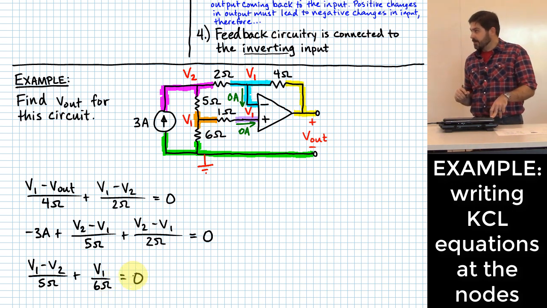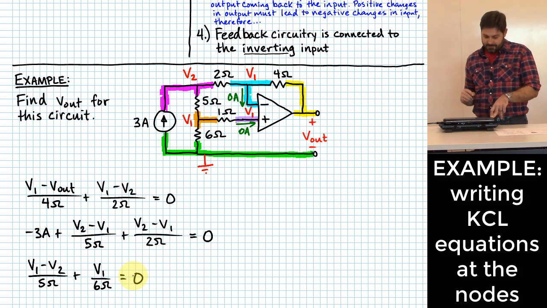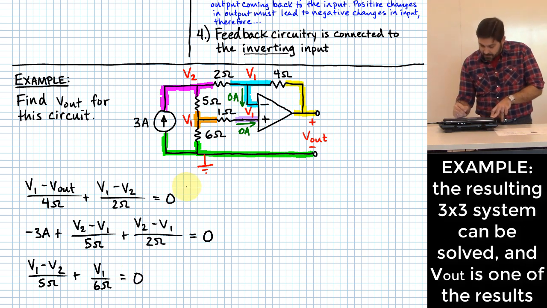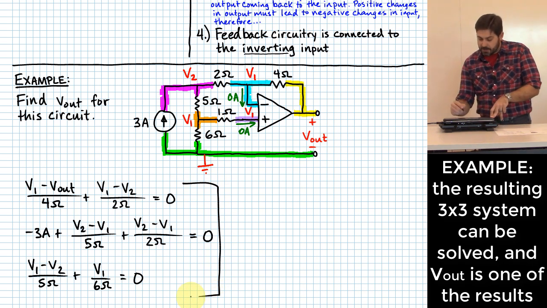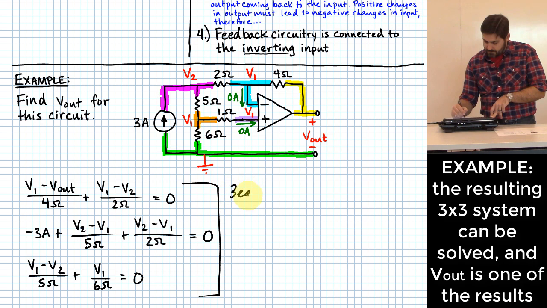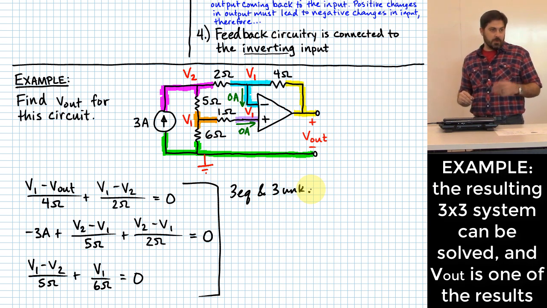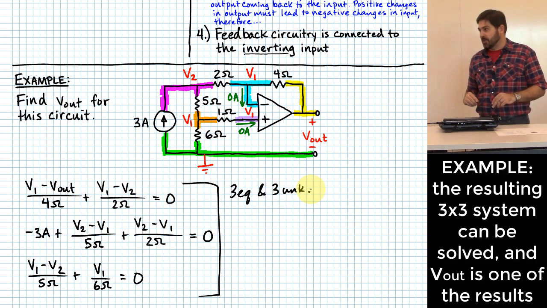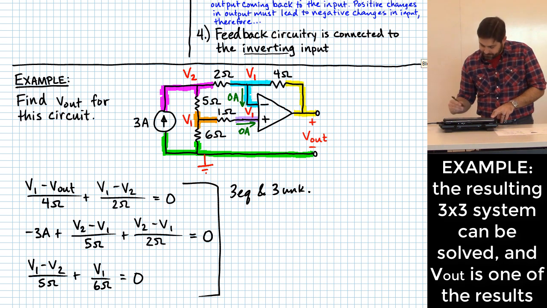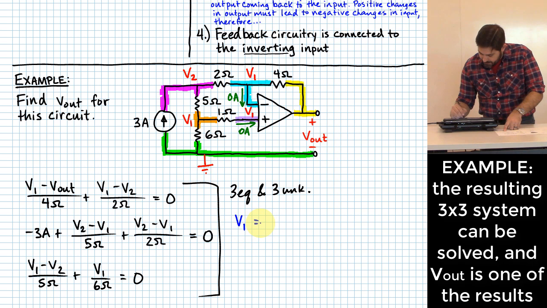All right? Does that help us out? Certainly does, right? That means that we have everything that we need here. That's a system of 3 equations and 3 unknowns. Okay? And that means we can solve for what we are missing. You want to see what those results end up being? V1 ends up being 5.143 volts.